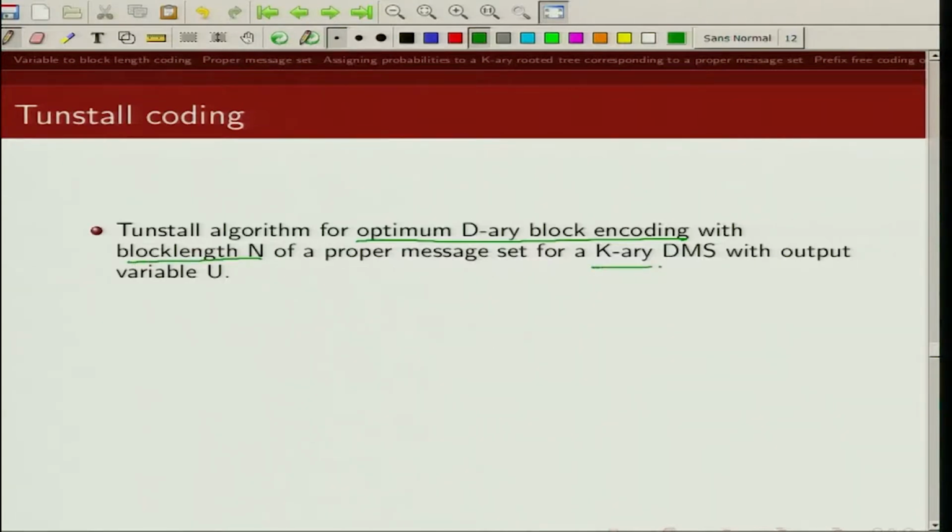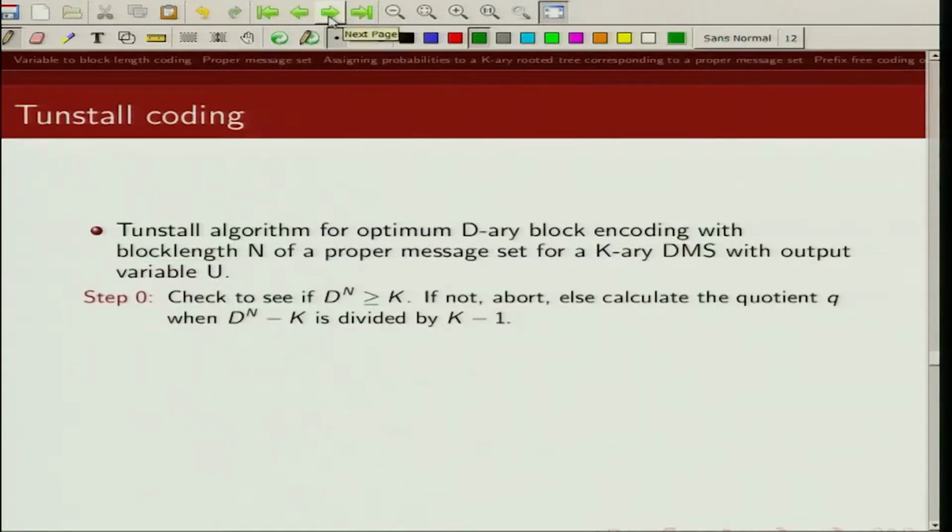We have a K-ary discrete memoryless source which emits these random variables U. So U1, U2, UK, that is what it is emitting. First thing that we need to do is we need to check if D raised to power n is greater than or equal to K. If it is not, we cannot find a code for that. Remember, N is the output code word length, and the output code word alphabet is D-ary.